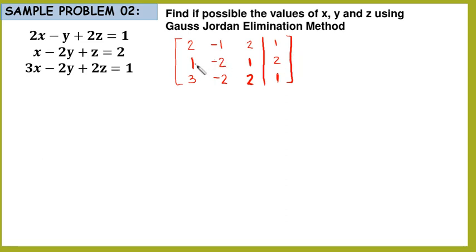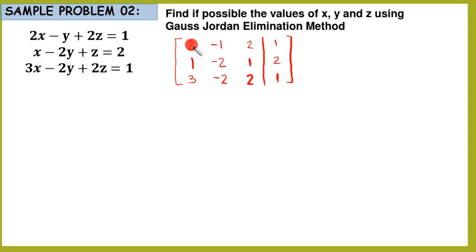So, we can interchange row 2 into row 1 so that the element in row 1, column 1 is 1. That is the first thing we do: make this 1, then make this 0, then next make this 1, and then make this 0, and then make the third diagonal 1, and make this 0 here.